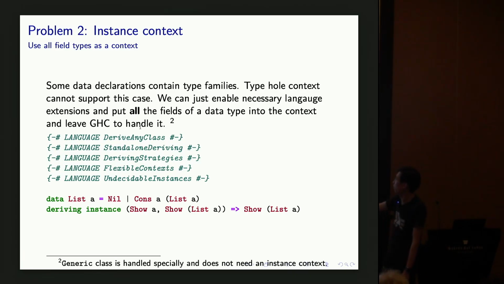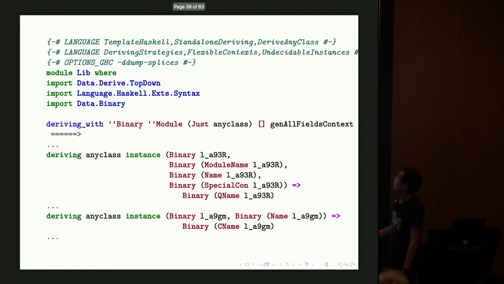So we put all the fields into the context. Then for the HsModule, it will be this, a module name and SpecialCon or Q, then put a QName here. These are all the fields of QName. So we put all the fields into that. Then we can solve the problem, right?